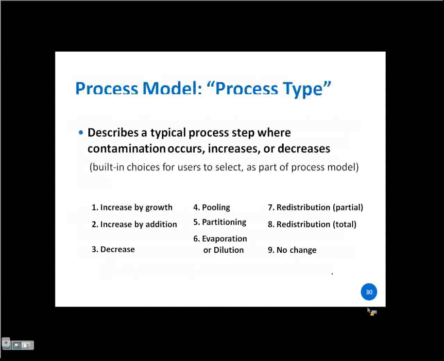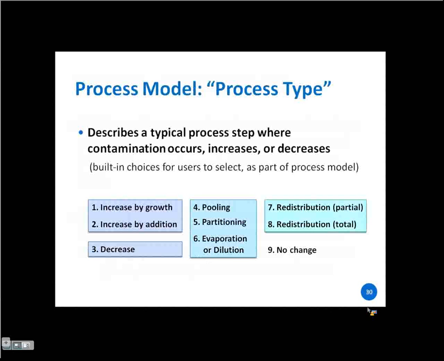So here are the 9 process types. There are 9 process types for the user to choose from to describe the changes to the pathogen at a process step. And they are increase by growth, increase by addition, decrease, pooling, partitioning, evaporation or dilution, redistribution, either partial or total, and no change because that could also be the outcome of a process step.